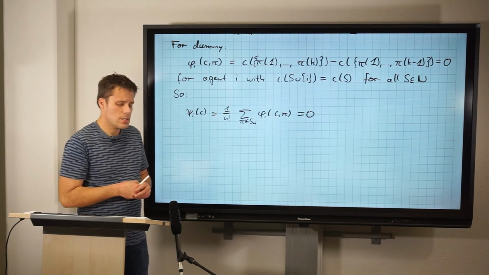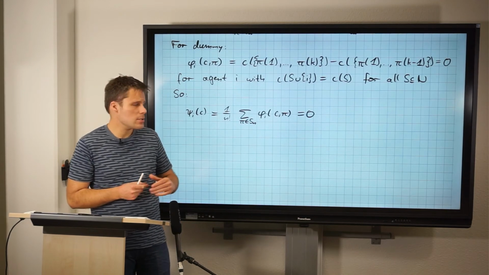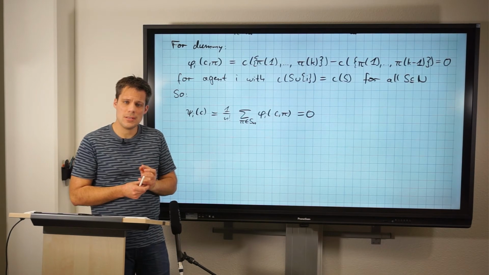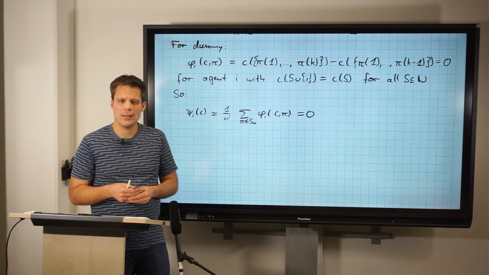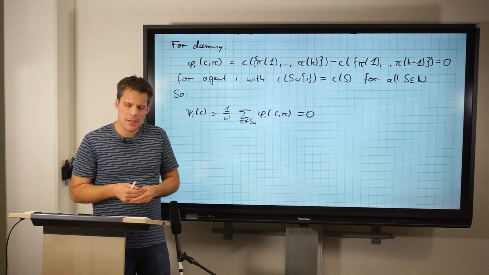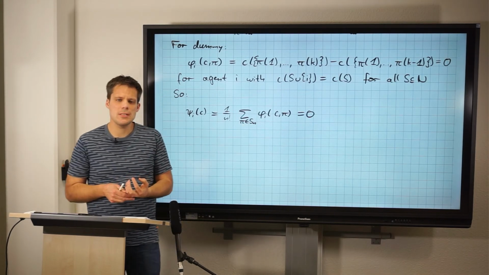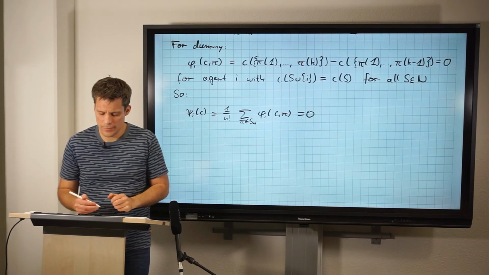Analogously, you can do this also for efficiency and for additivity, because there you show for these phi functions that this is fulfilled. And this is nothing but following the calculations. Then you again take the average of these phis, and you again get to the point that everything works out.